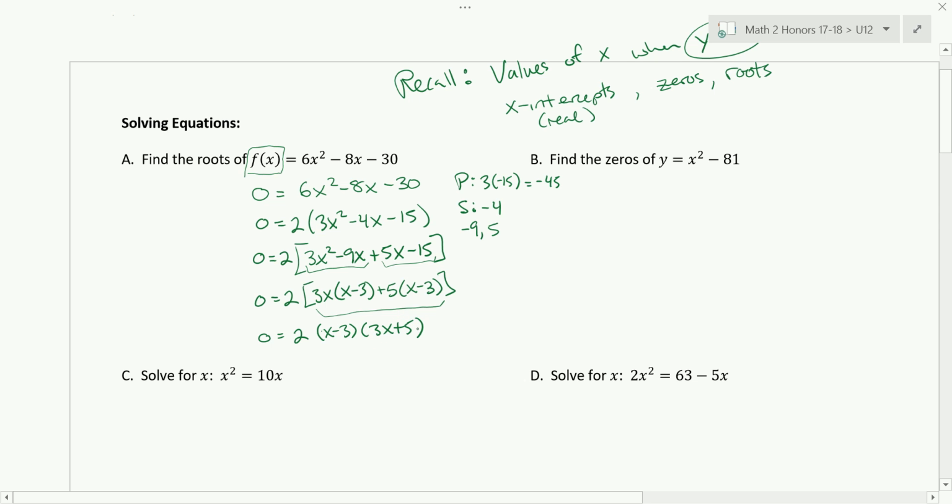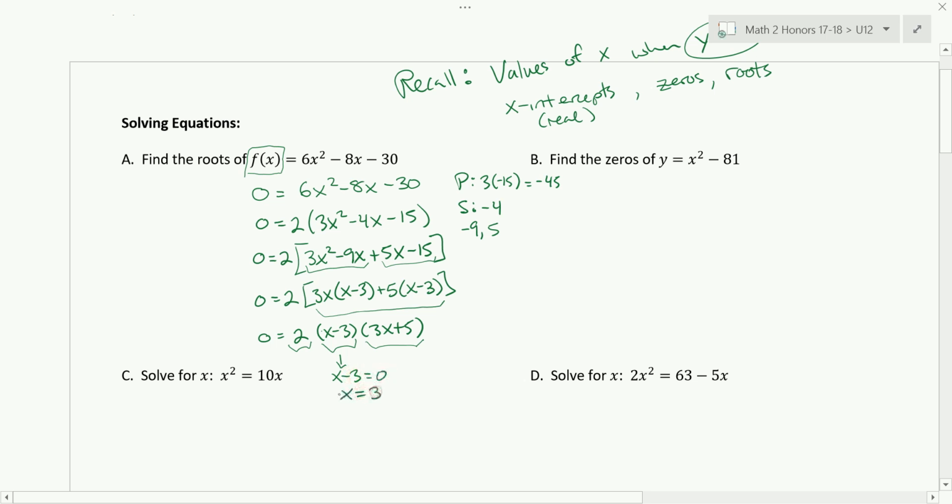So now it's fully factored. I have 3 factors. I have a 2, x minus 3, and a 3x plus 5. Your answers are in the factors that have the variables. So that 2 is not going to give you any answer that you want. But this x minus 3, I'm going to set that equal to 0 and solve and get x equals 3.